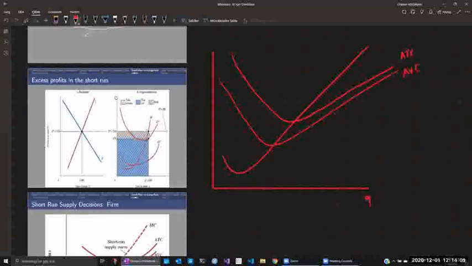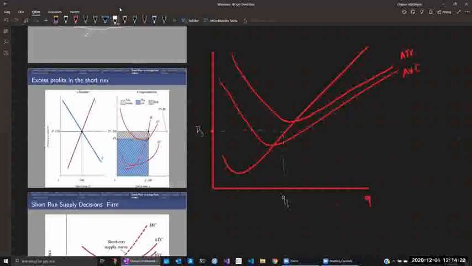So the price is at some level here, right? Say P3, then I know that this is Q3. And I know that the total revenue is equal to this area, which is P3 times Q3.